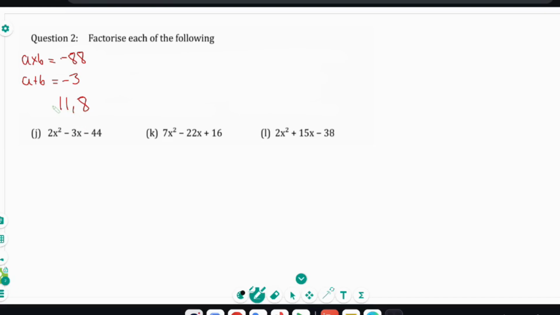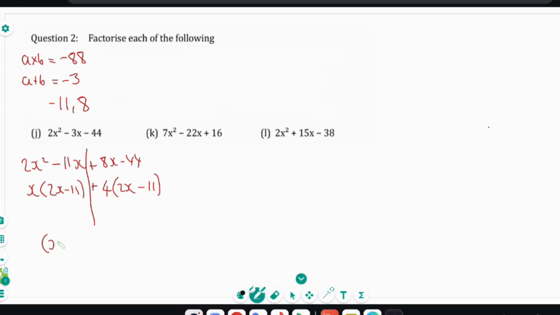We need negative 3, so it needs to be like that. Oh, 8's not the highest common factor, is it? 4. So x plus 4, 2x minus 11.